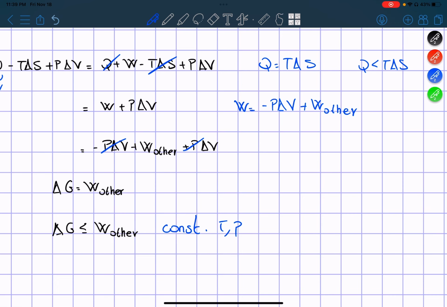Because as you can see in our initial formula, neither temperature nor pressure has a delta.